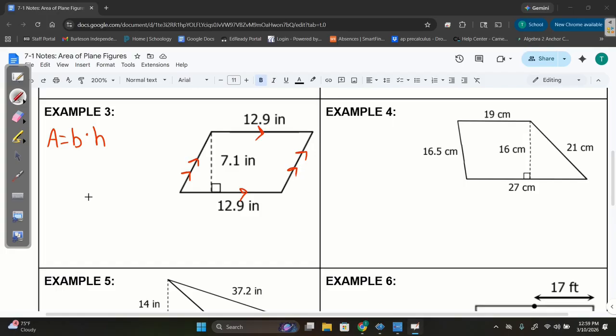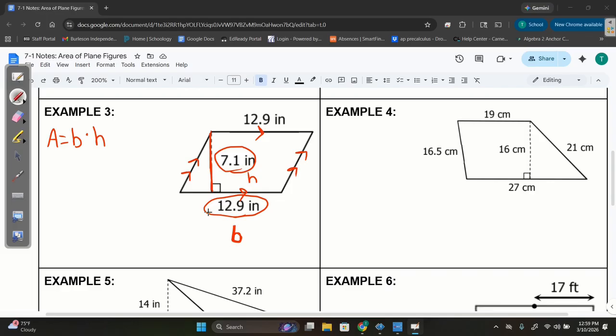The hard part in this is trying to find out what the height actually is. The base, again, is what my shape sits on, so it would be 12.9. The height, just like with a triangle, is not the diagonal piece, but it's this piece here that drops straight down. This is my height.